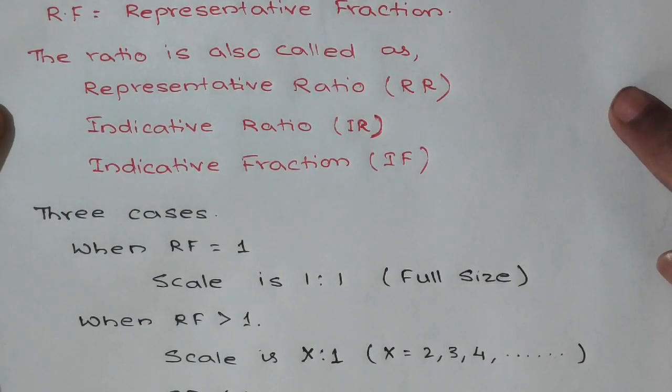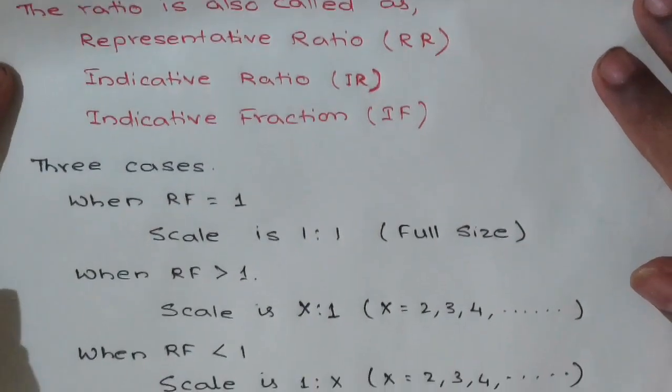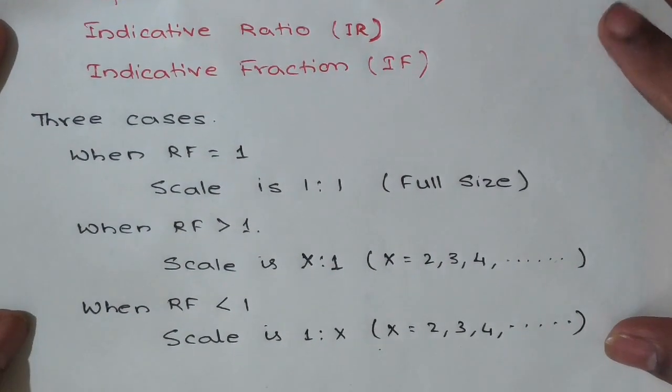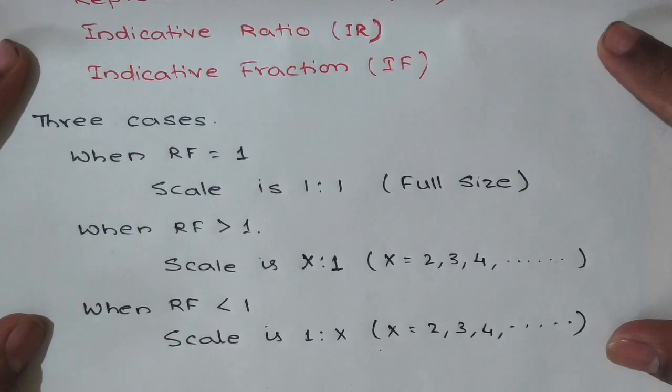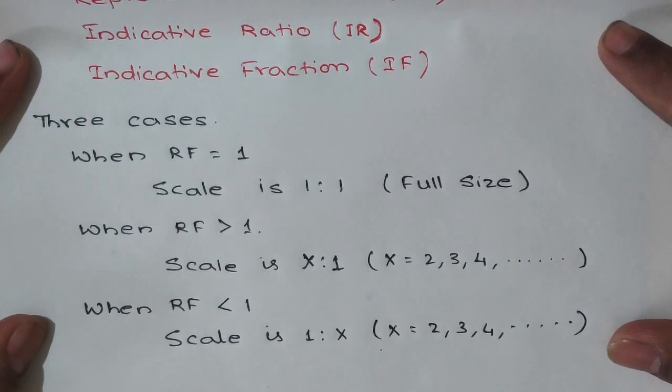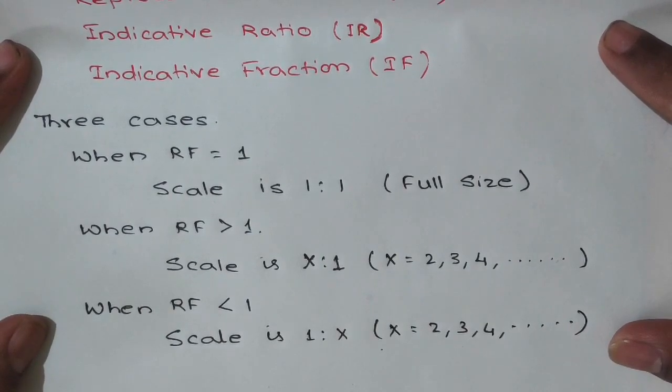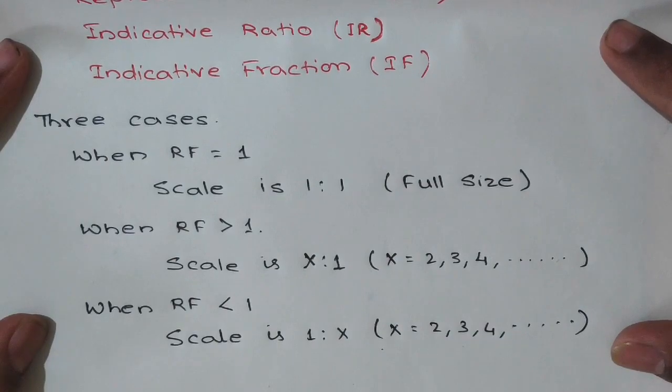So the first case, when RF is equal to 1. When RF is equal to 1, we get the full size scale, that is your drawing will be in the ratio 1:1. Whereas if the value of RF is greater than 1, then your scale will be x:1, where x can take the values 2, 3, 4, etc. That is, your drawing can be in the ratio 2:1, 3:1, 4:1, so on.